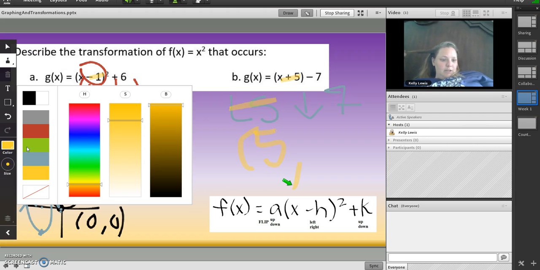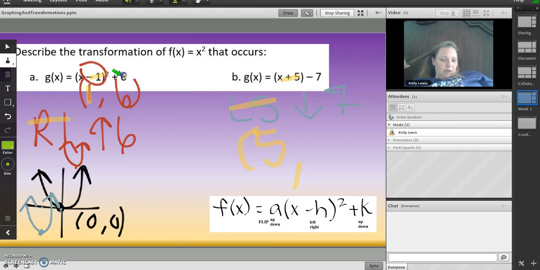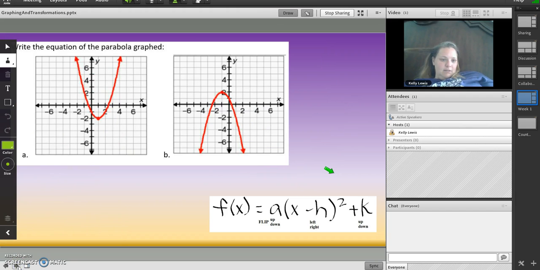And then the relationship between the k: +6 means it goes up 6, -7 down 7, that's also part of the vertex. All right, now let's keep investigating this.